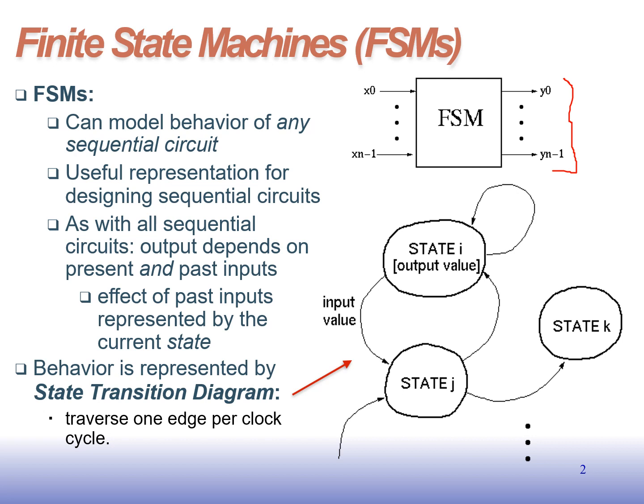In state I, the output value, whether 1 or 0, is represented inside the state, and the input value is shown on the edge. The graphical representation of the states with respect to input and output is the state transition diagram.